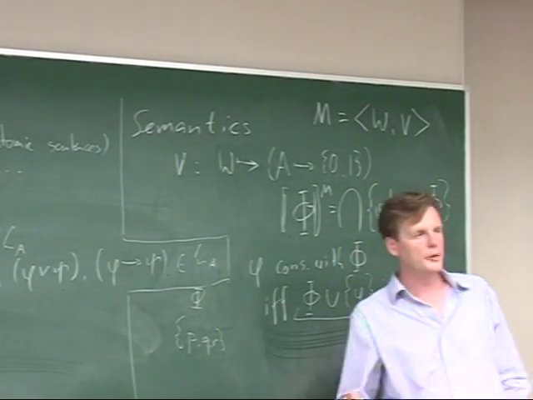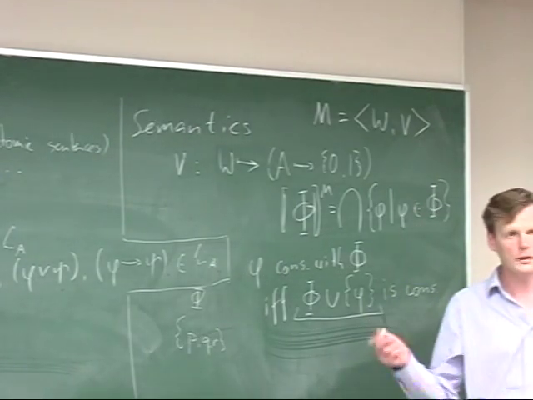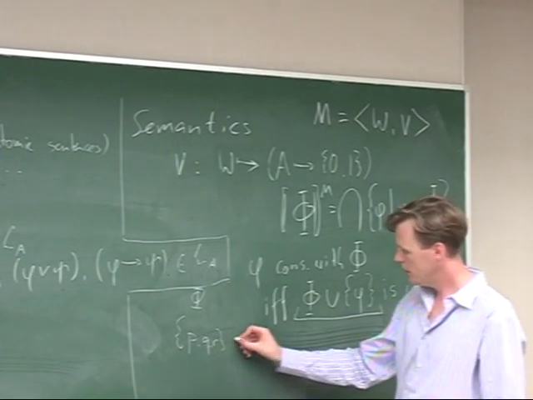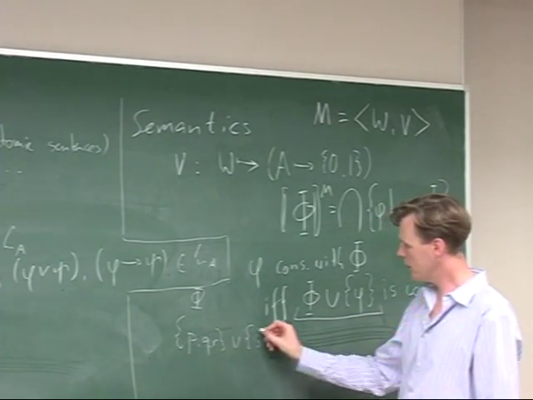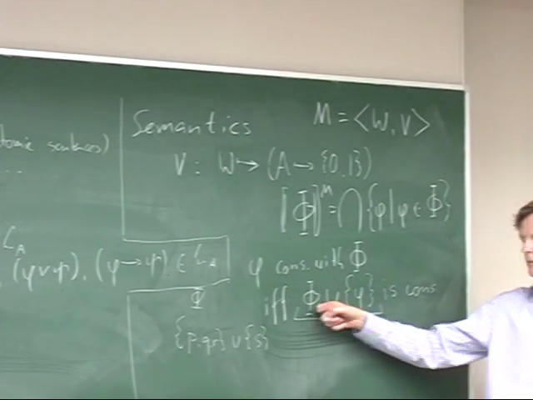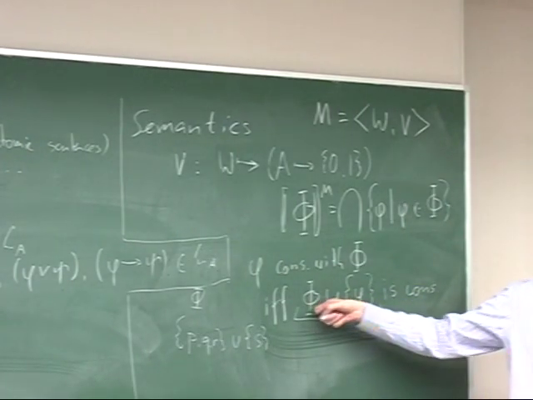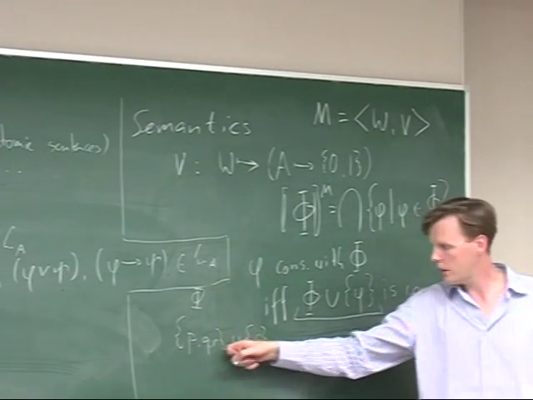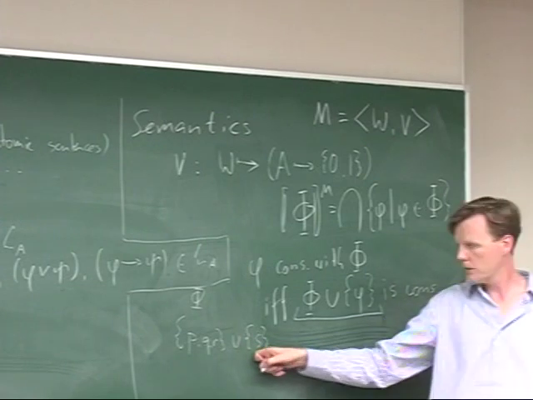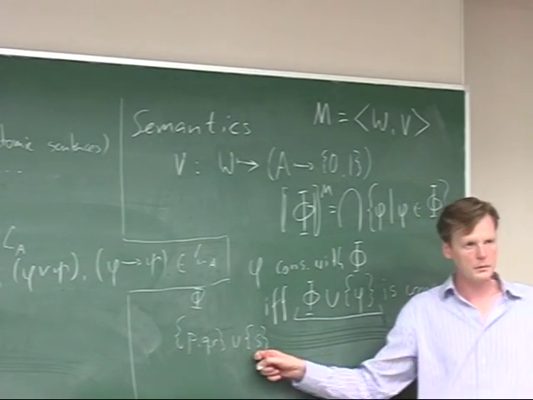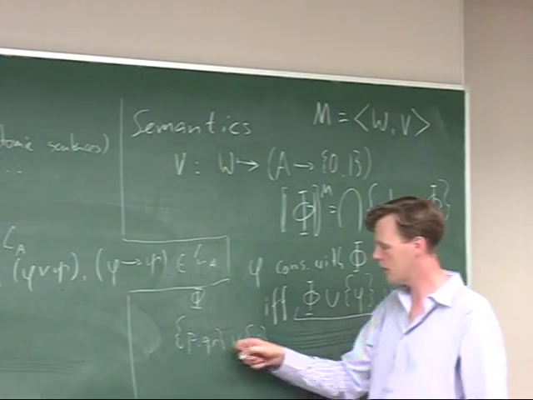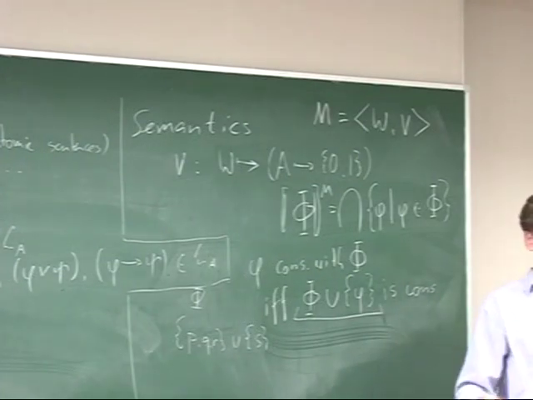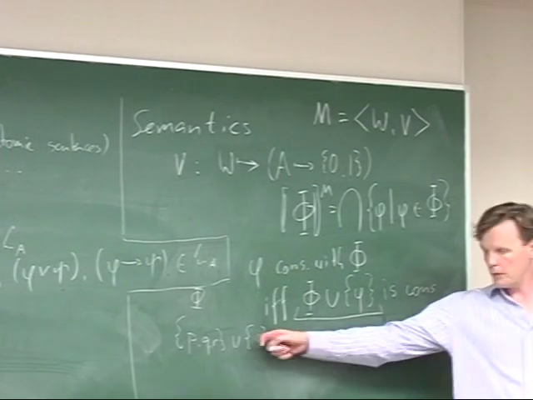And then consider a sentence S, say, and we are asking, is S consistent with this set of sentences? Well, we put these things together according to this definition. We take the union of phi and the set containing that sentence, so we get the set of 4 sentences: P, Q, R, and S. And if there is a world in which they are all true, then S is consistent with this set.